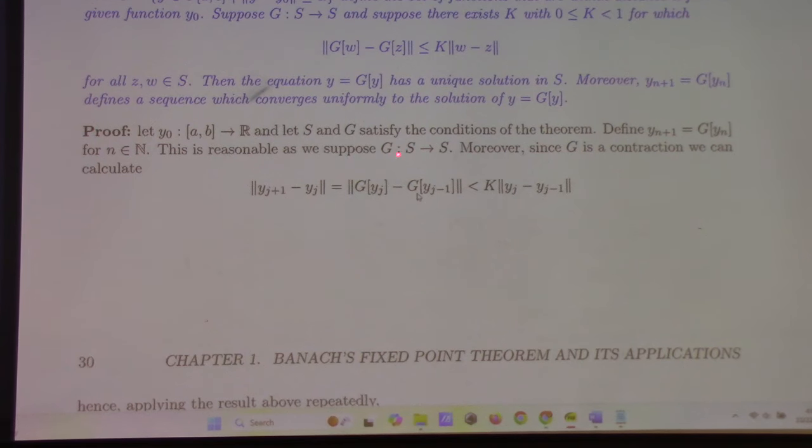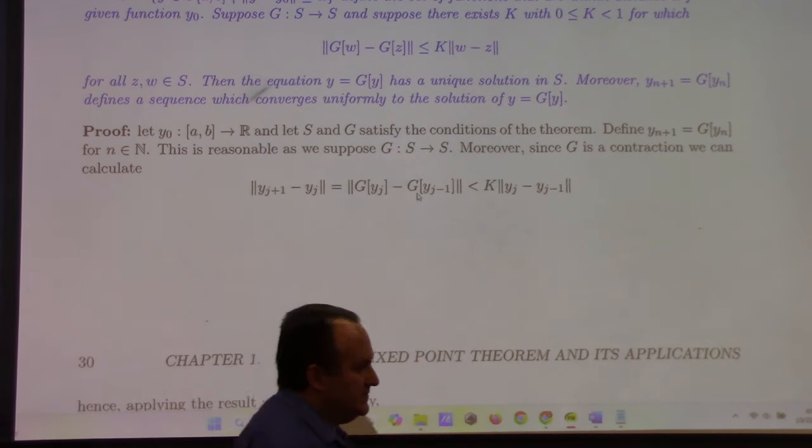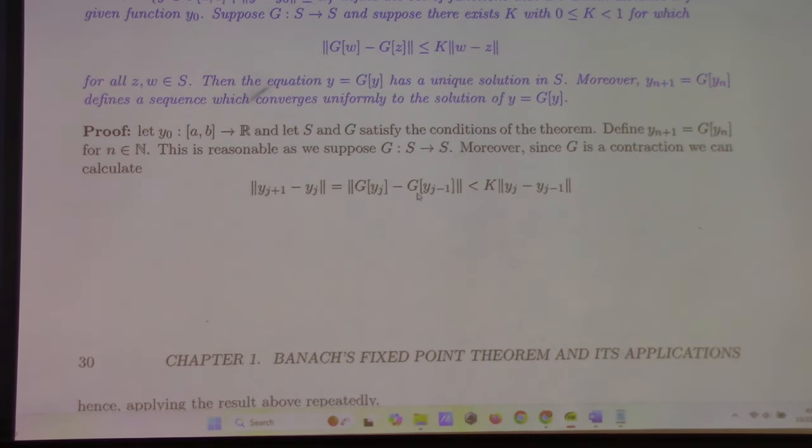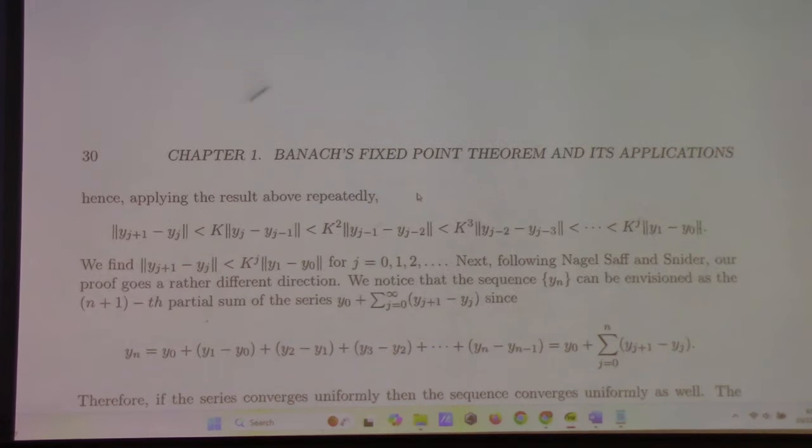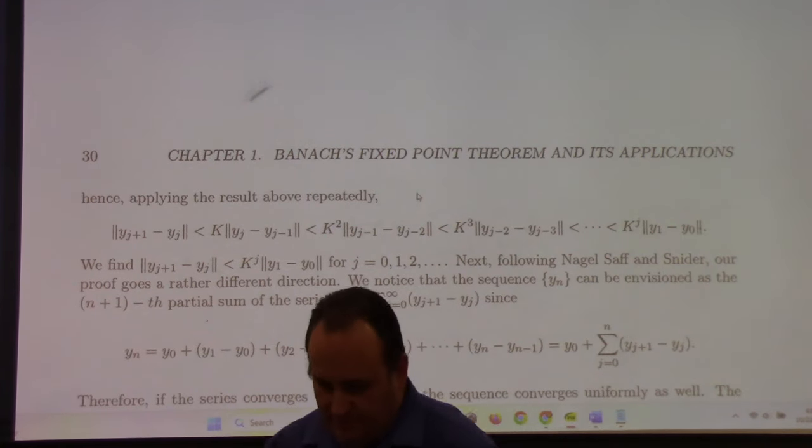This is reasonable as we suppose G is a mapping from S to S, which gives us a sequence in S. And since G is a contraction, we can calculate that the difference of y j plus 1 and y j is equal to that, by definition of the sequence, which by the contraction condition is less than or equal to that. And then we can keep doing that. Keep doing it, and what do we get?